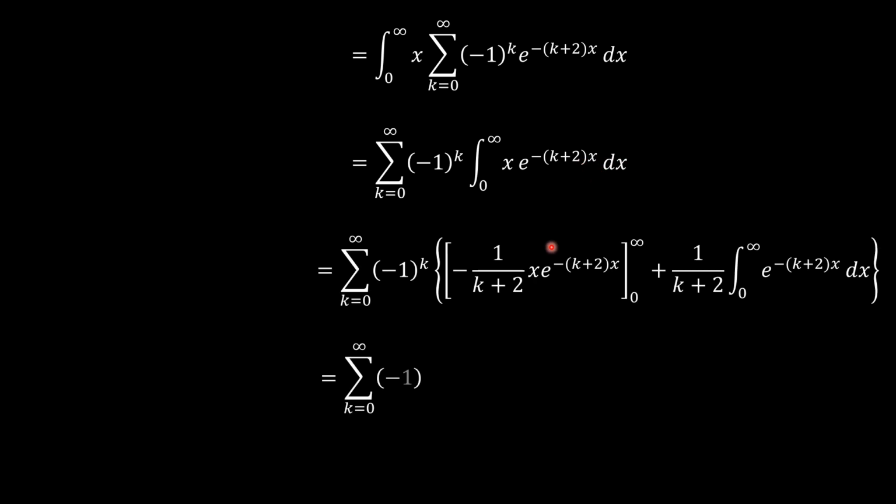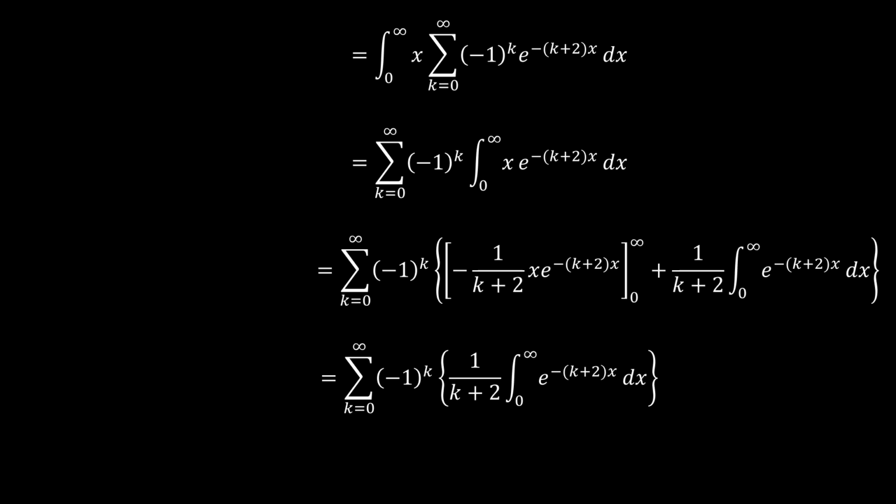And so as you can see here, first of all, let me indicate integration by parts, where we initially have negative 1 over k plus 2 times x e to the power negative (k plus 2)x.